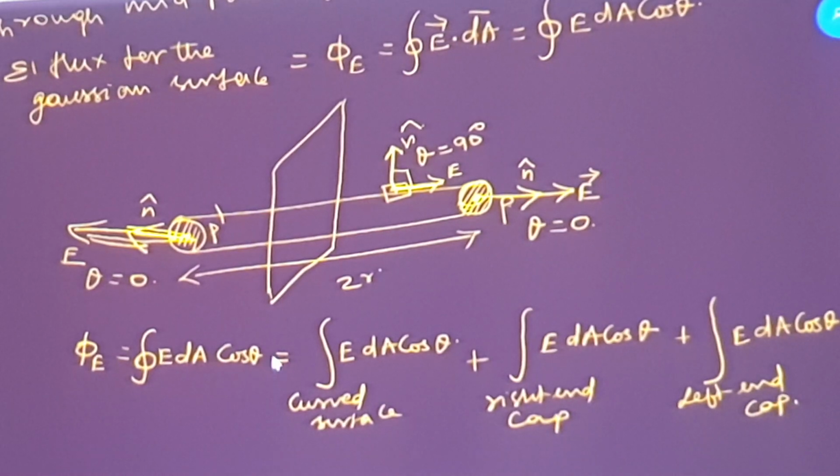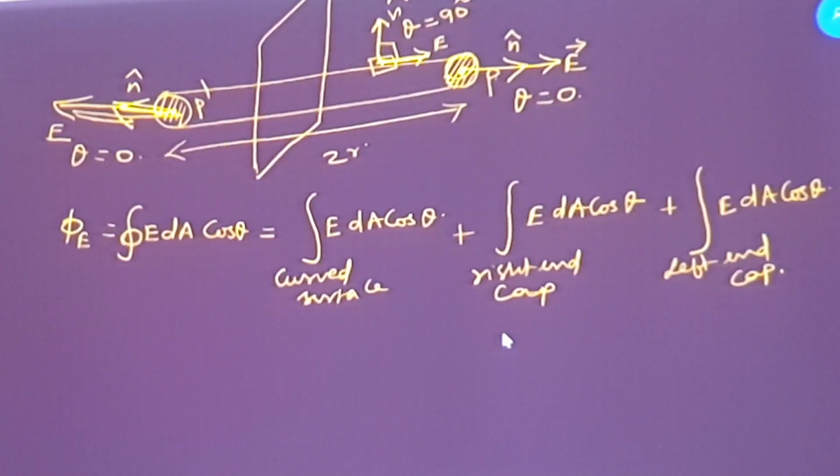So one is the right end cap, another is the left end cap, and the third is the curved surface. When you add all, you get the total surface.